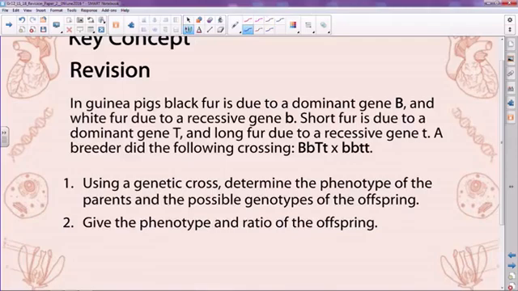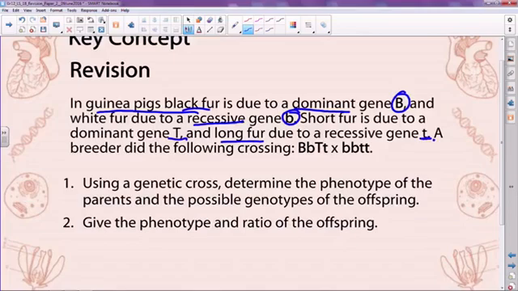A guinea pig: black fur is due to dominant B, and white fur is recessive, small b. Short fur is due to dominant big T, and of course long fur is recessive, small t.